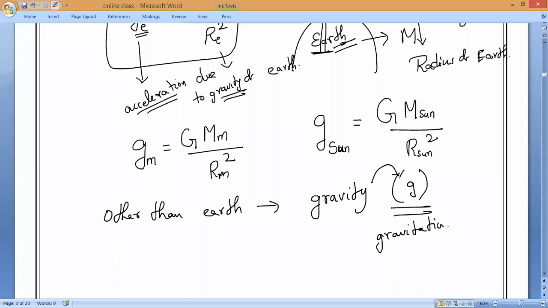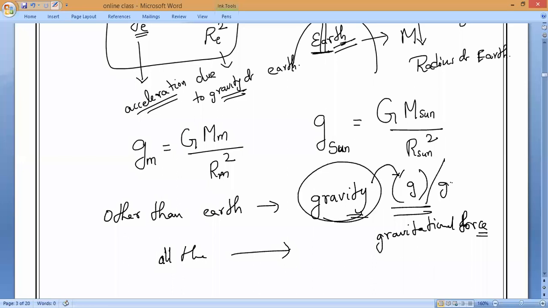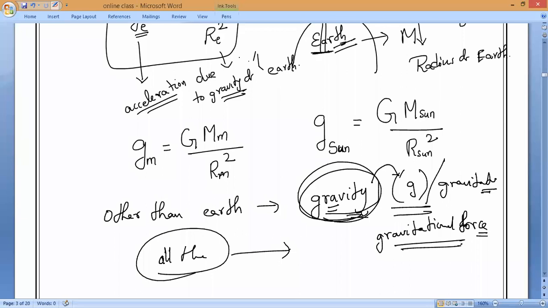For bodies other than Earth, we should not use the word gravity; we use the word gravitational force. For Earth alone, we can use gravity or gravitational force. Both are the same.